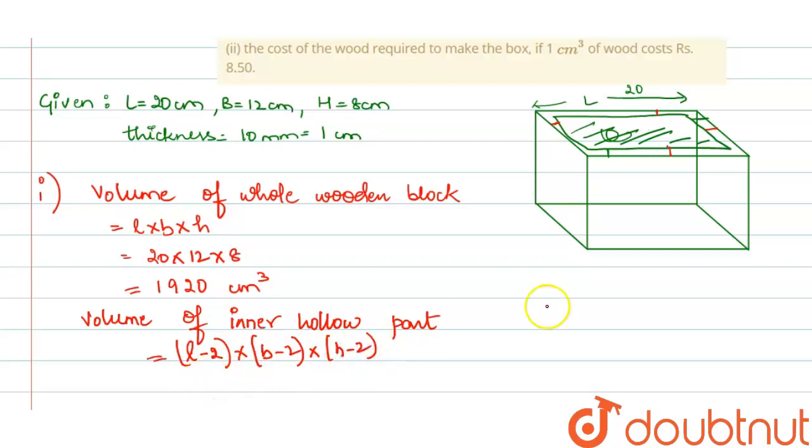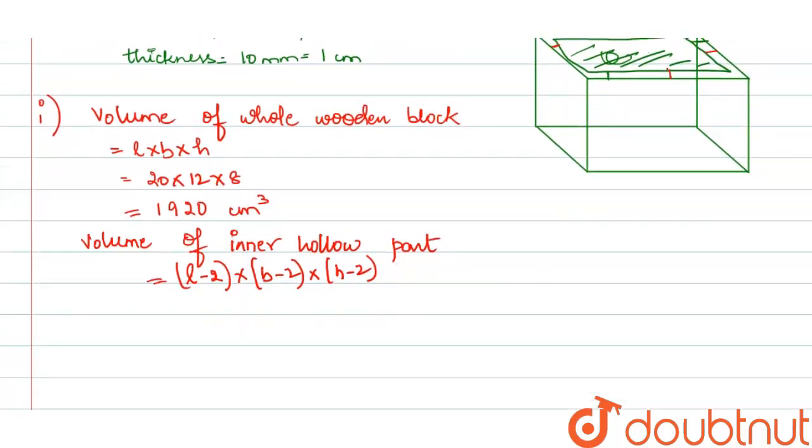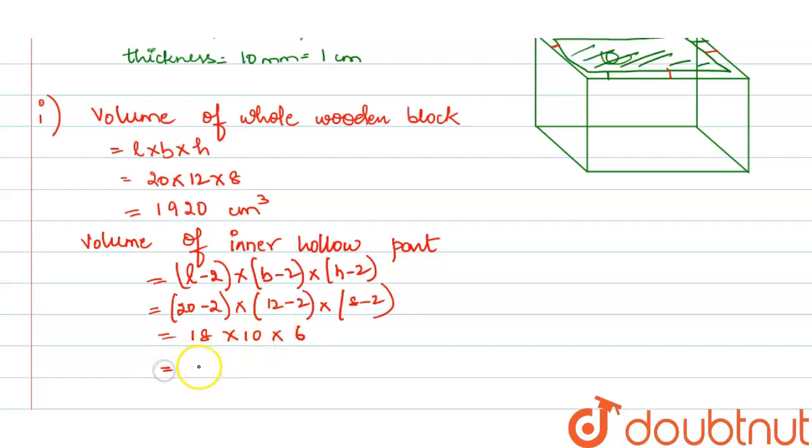This will give us the volume of the inside part, and when we subtract this from the whole block, we will get the volume of the wood required. So length 20 minus 2, into breadth 12 minus 2, into height 8 minus 2. This comes out to be 18 into 10 into 6, which is 1080 centimeters cube.